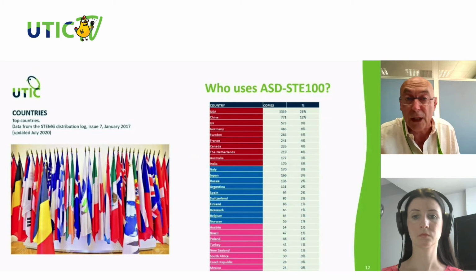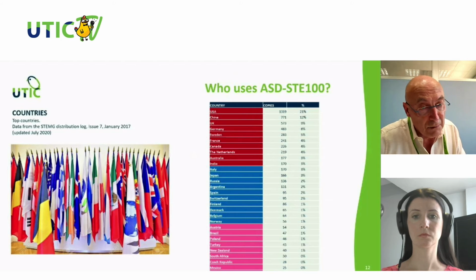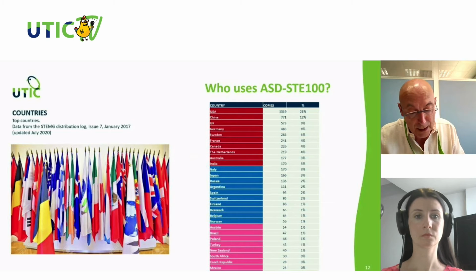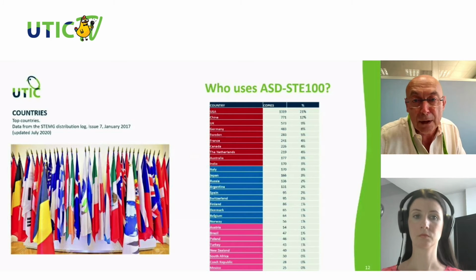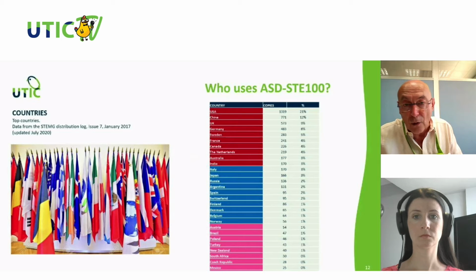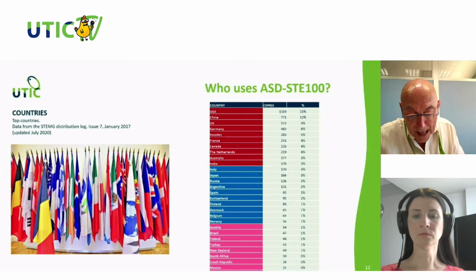This is based on the latest version, issue 7, which has been released almost 4 years ago. And what I can remark here is that at the end of 2019, China was in position number 14, and now we can see it in position number 2. And it happened that the Civil Aviation Administration of China issued a directive to use simplified technical English as a reference to get the aircraft maintainer license.